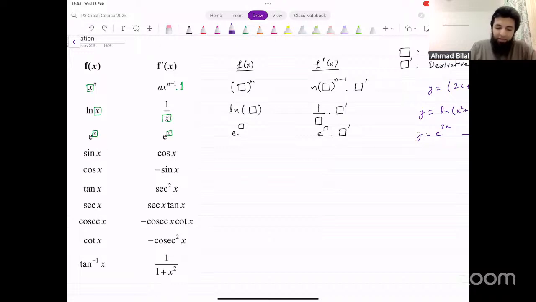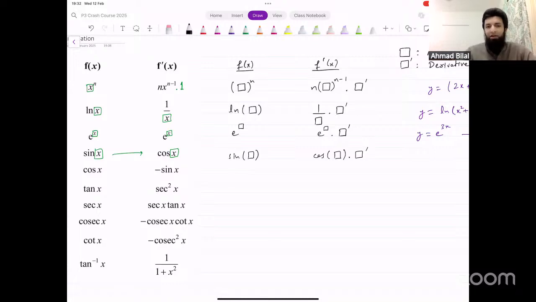Derivative of sine x is cos x. If you want to generalize this, the derivative of sine of anything is cos of that thing, multiplied by the derivative of that. It's the same pattern that is going to be there with all of these functions. So I'm going to write down the rest of them quickly now.